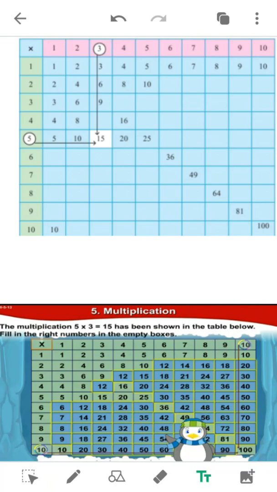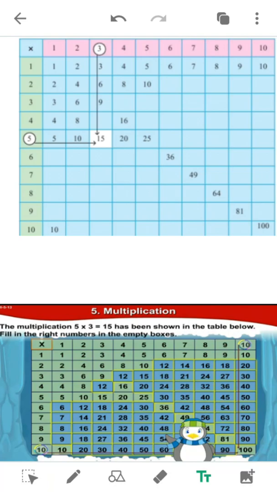Okay, and between them write the multiplication symbol. Okay, so if we multiply the number, so we get the tables.